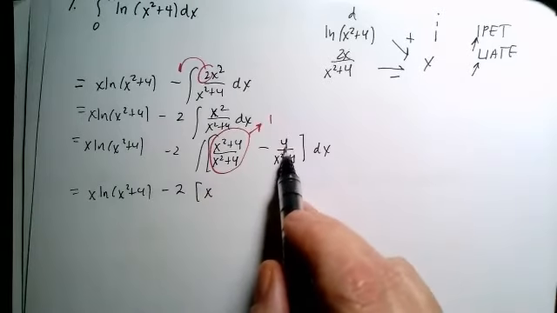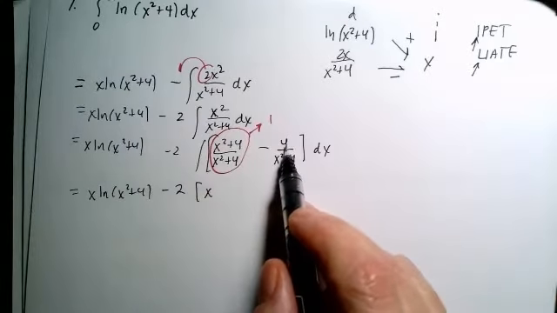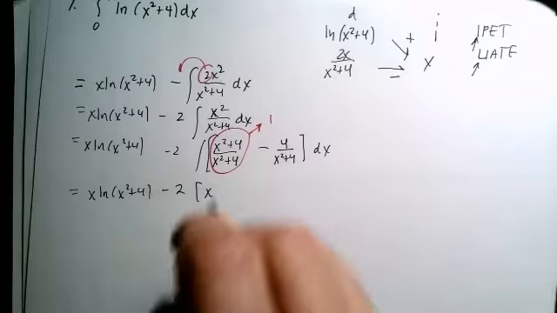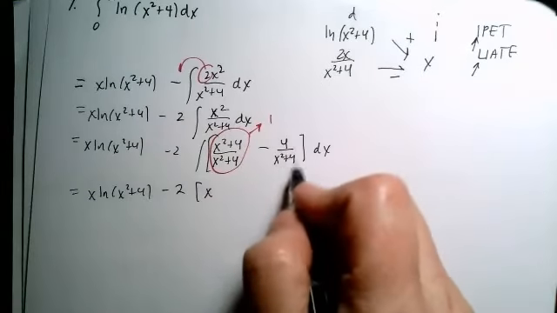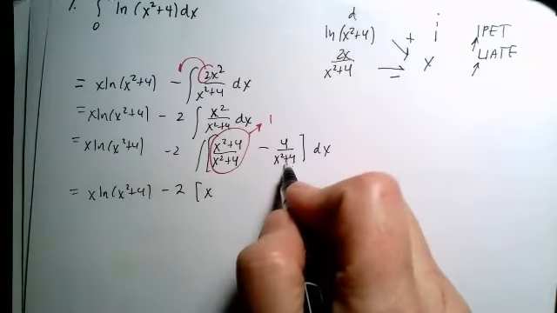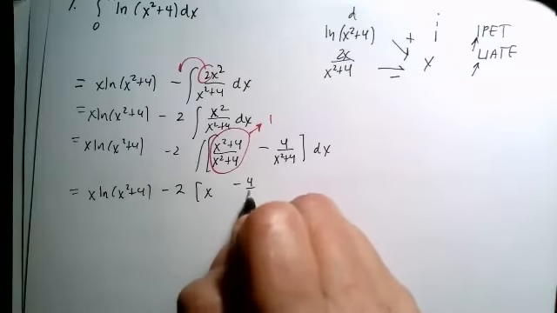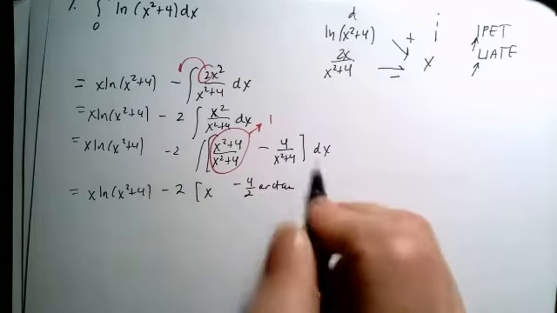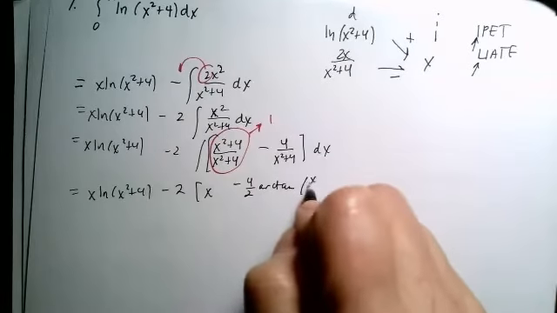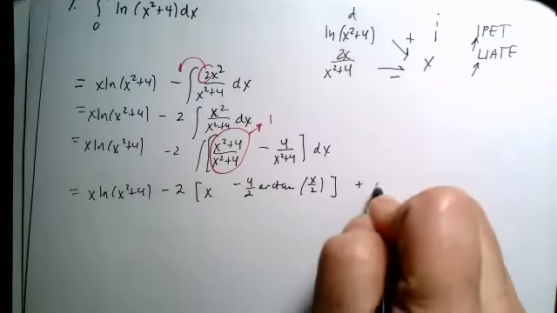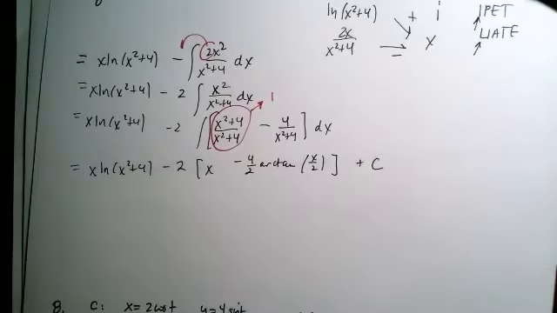And what am I going to get when I integrate this? This is going to be arctangent, right? It's going to be negative 4 over 2 arctangent of x over 2 plus the constant of integration.